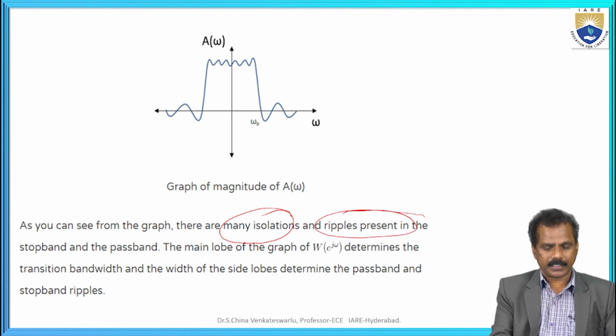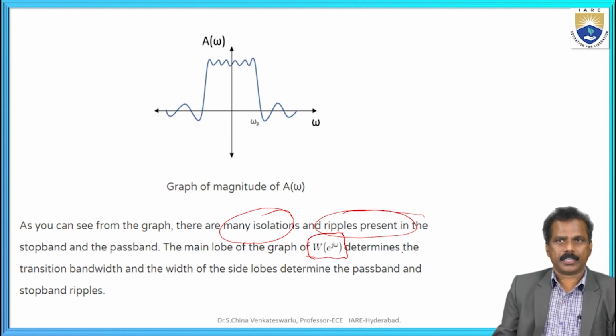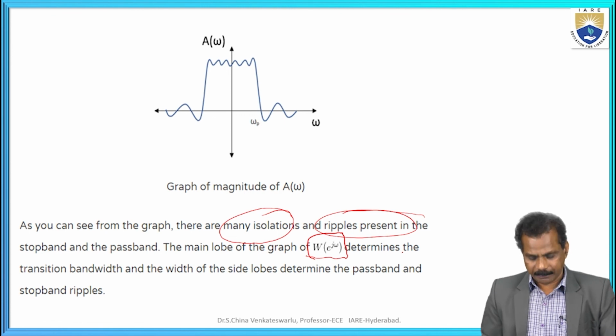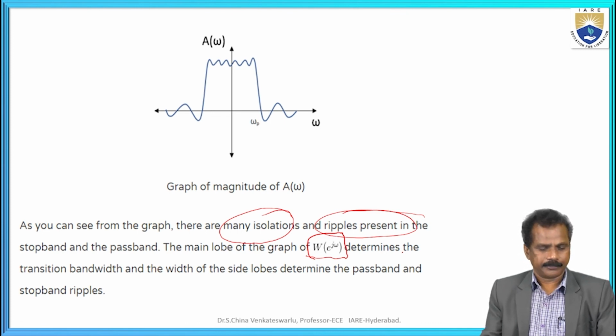The main lobe of W of e power j omega determines the transition band, and the width of the side lobes determines the pass band and stop band ripples.